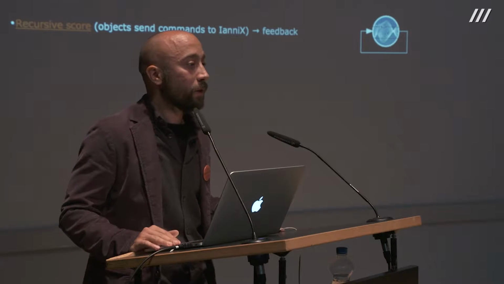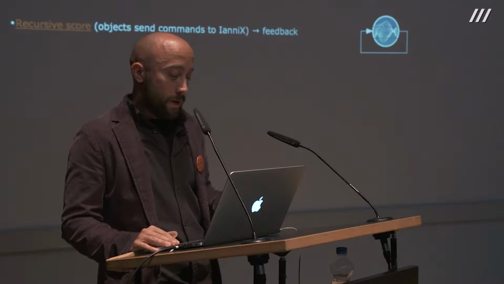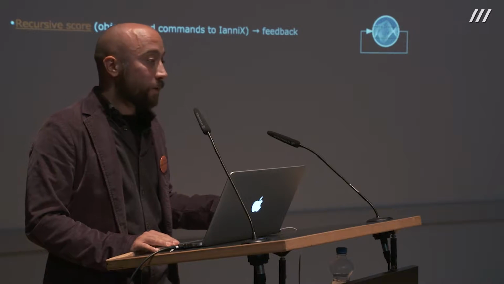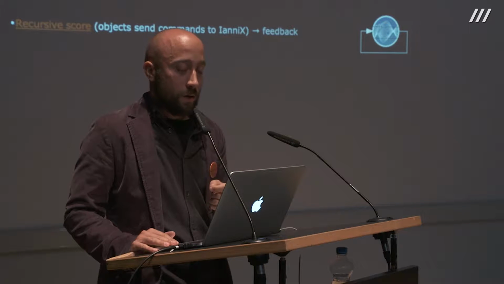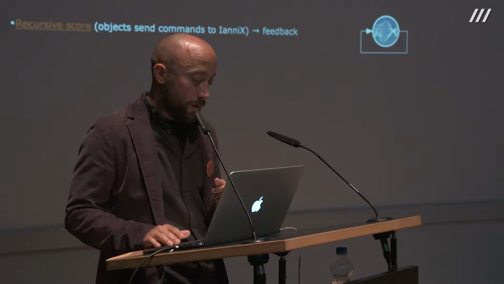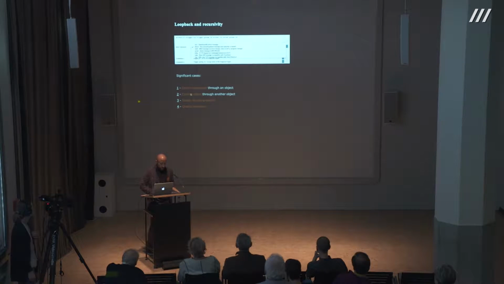Last type is recursive score, where actually IanniX controls itself. So we can have four different significant cases of this. So the first case, when an object controls the sequencer.